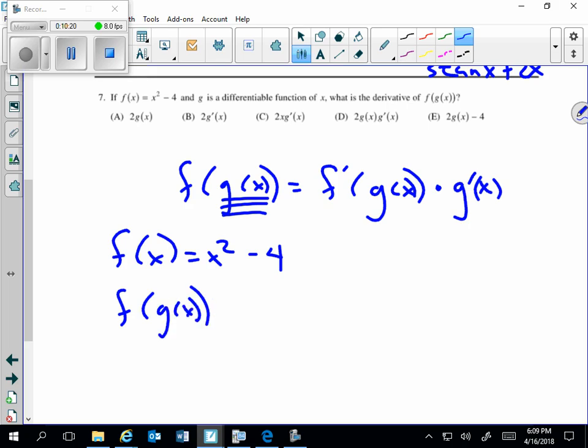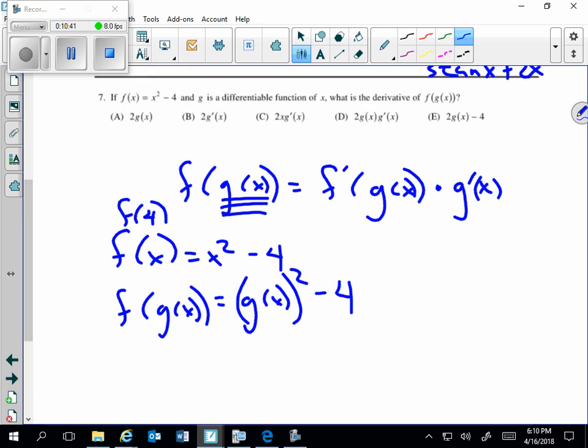What if I said, what is f of 4? When x is 4, we plug in 4, right? Well, now I have f of g of x, so I simply need to plug in g of x wherever there's an x, just like I would if it was a value.